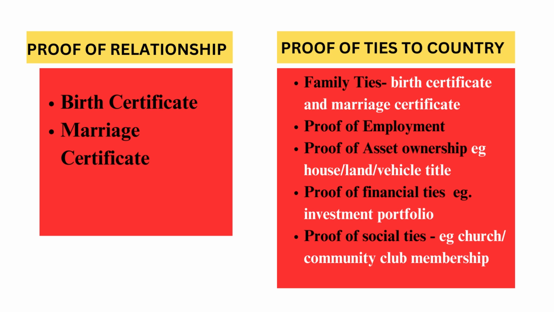You can also show proof of social ties. So if you're a member of a church or a community club, community association, we suggest that you get a letter confirming such, and you can also produce that to help make your visitor visa application stronger.